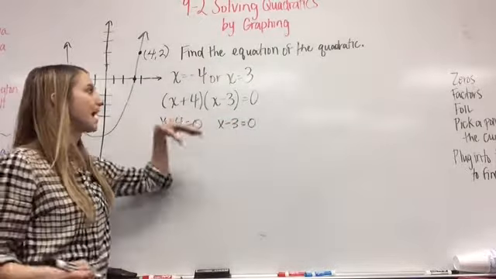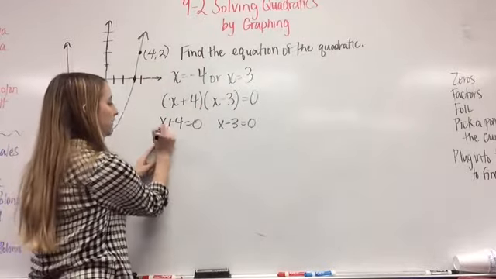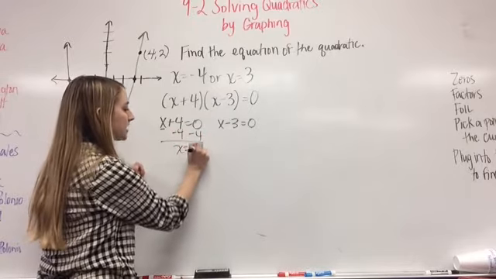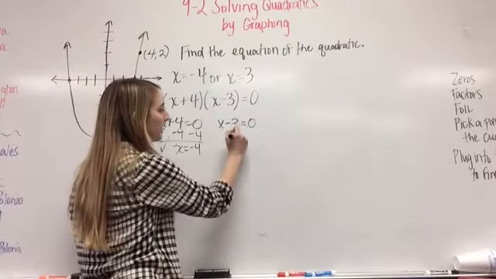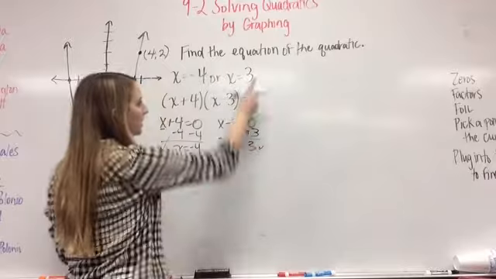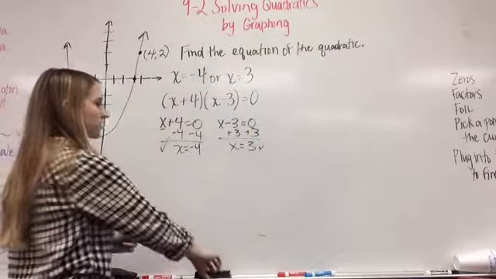This is just a little backup to show you how I got from this step to this step. Okay, so if I'm trying to find x, I've got to subtract 4 from both sides, and I get one solution as x is -4. Great, that's what we got. And over here, we've got x is 3. Perfect, that's what we got up here. Okay, so that's where this comes from. We're just finding the factors from our solution.